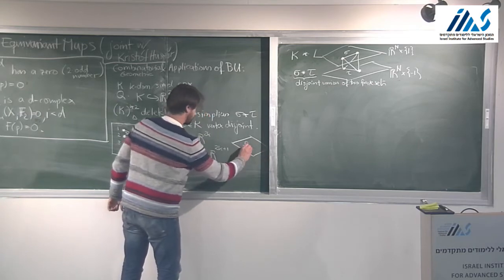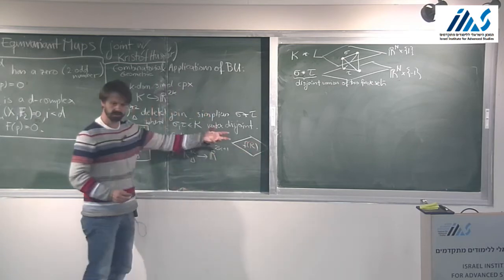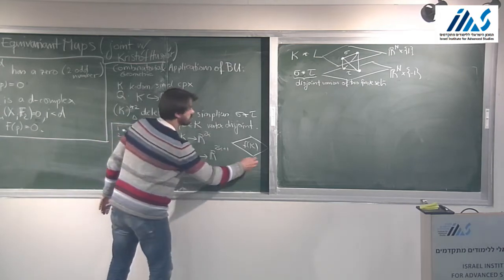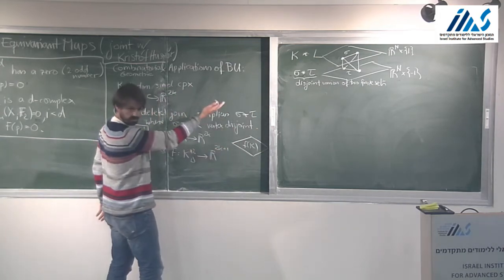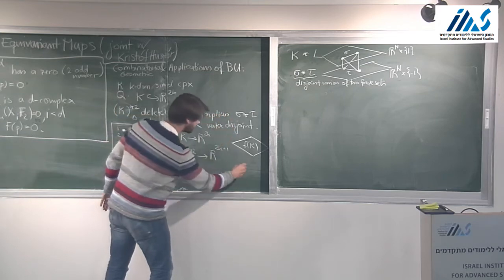You take a copy of your image in, let's say, R to the 2K plus 1 at the last coordinate 1 level.